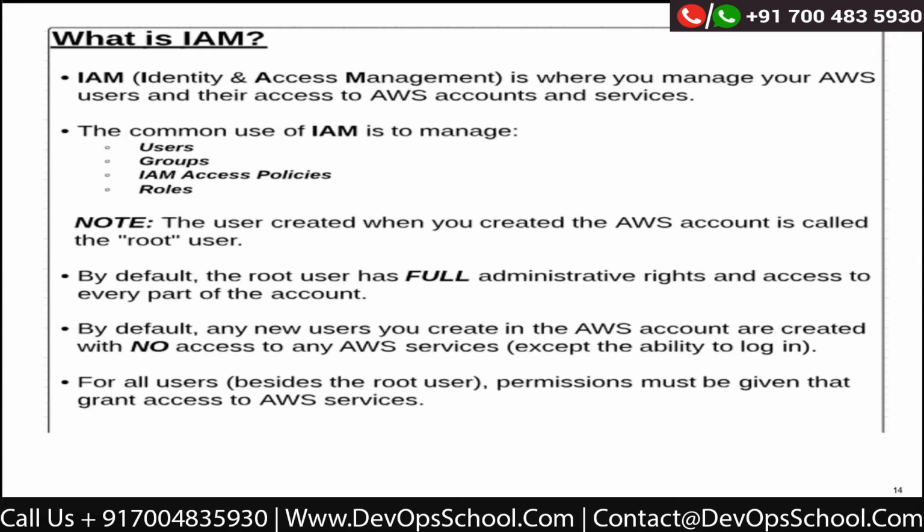Someone is saying something, Pradeep? Please go ahead. Before you go to IAM, can you tell us what authentication methods we have? We have many authentication methods, like MFA and Cognito.